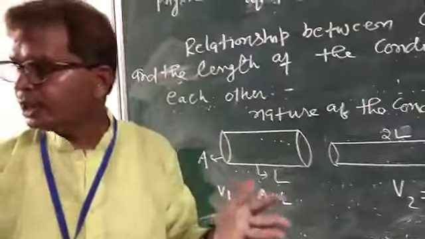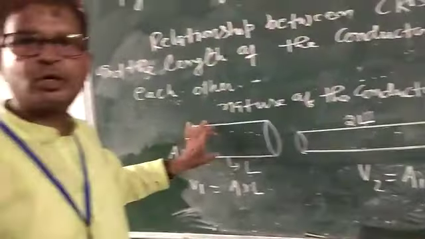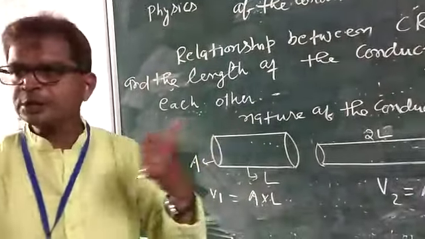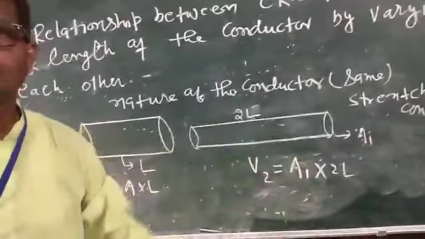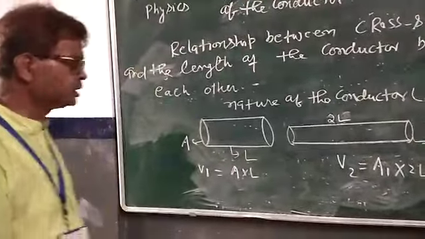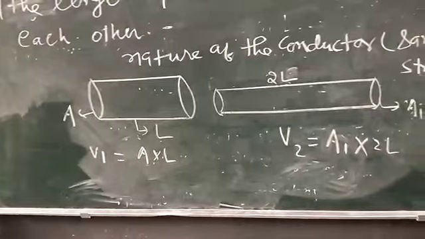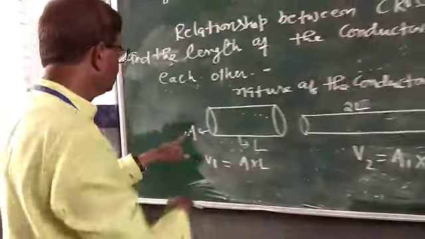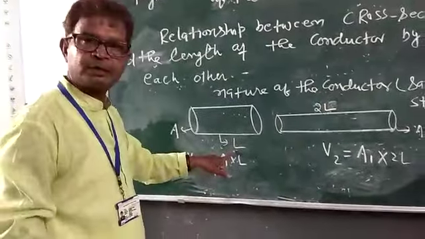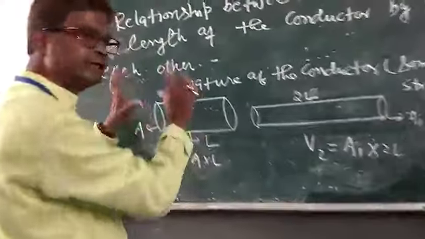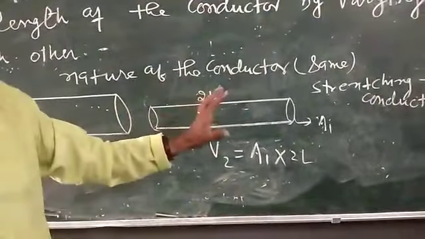It means if you change the physical status of the conductor, what is the relationship between the cross-sectional area and the length of the conductor? We are going to discuss it. As you know, we have taken a conductor whose cross-sectional area is A and length is L meter. See here, this same conductor is stretched to twice its length.